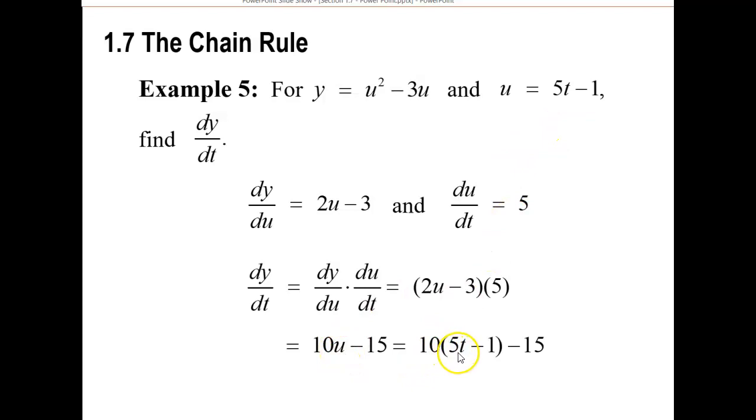So 10 times the u, which was the 5t minus 1, minus the 15. So they're putting the answer back in terms of t, right? Because you're finding dy dt. So then 50t minus 10, just distributing the 10, minus 15 is 50t minus 25. If you had just plugged in the u first into the function and then done your chain rule the way we did on the first couple examples, you would get that same result.